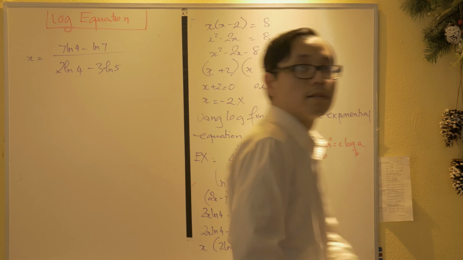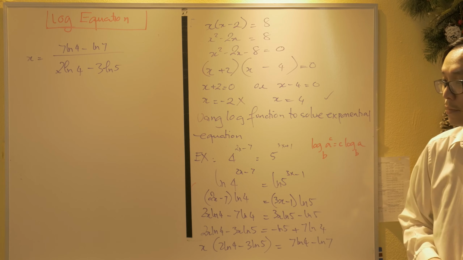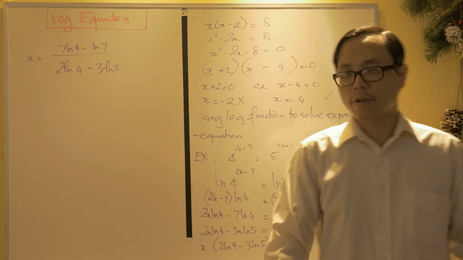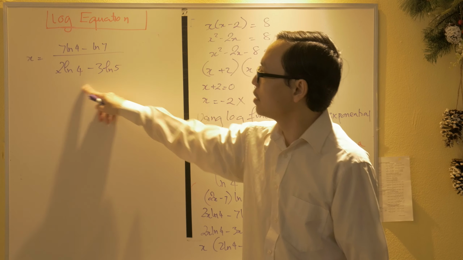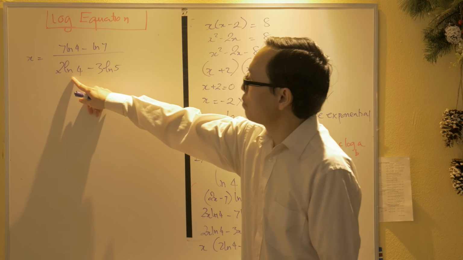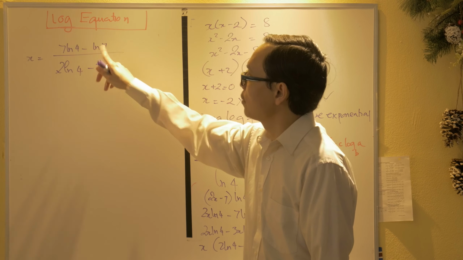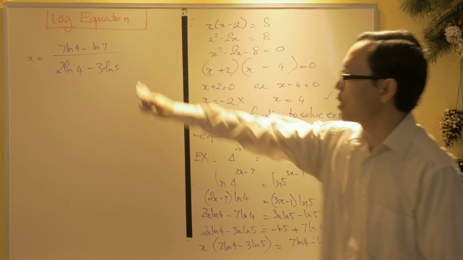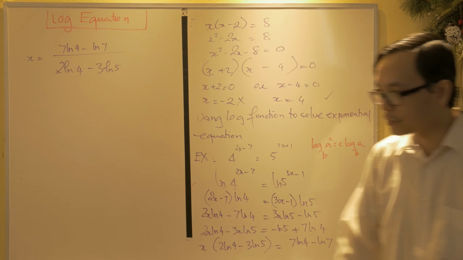And that's it, you're done. You get an x value. You will see the answer looks very complicated, but it's not really, because when you plug it into a calculator, all of this is a number. So you can plug into the calculator ln 4, ln 7, to get the number, but you don't have to. You can leave it like this.